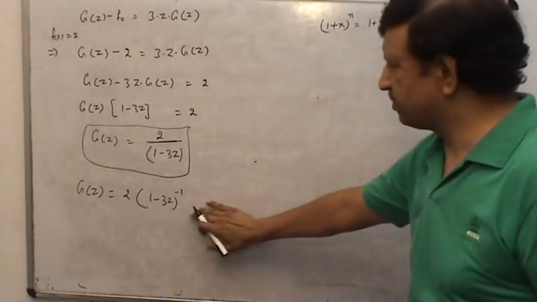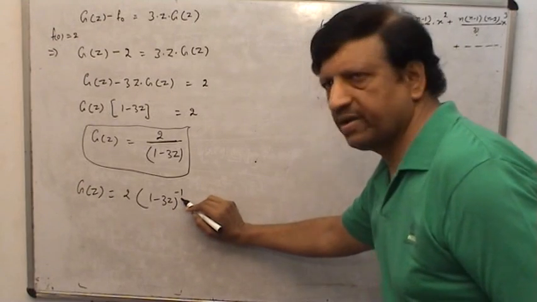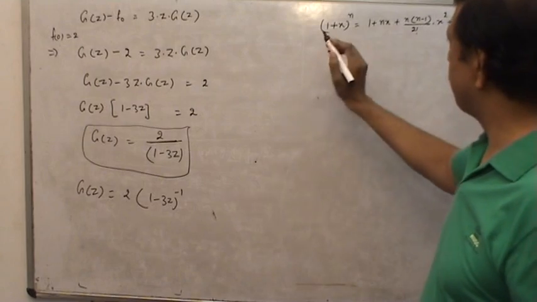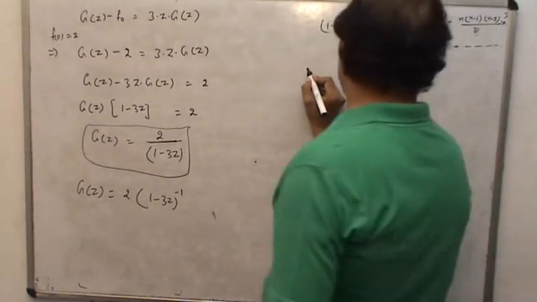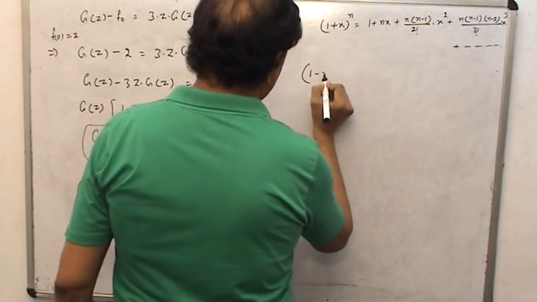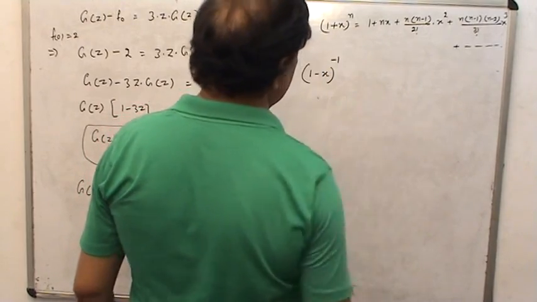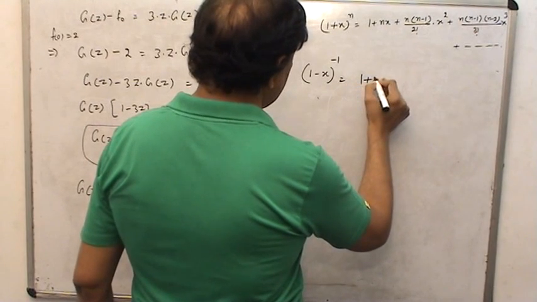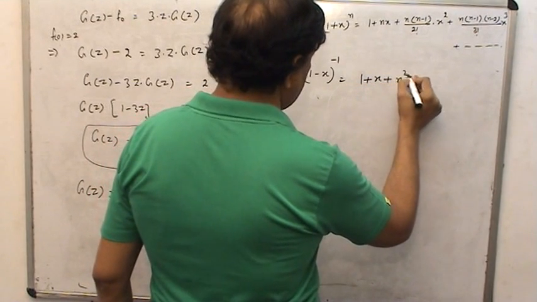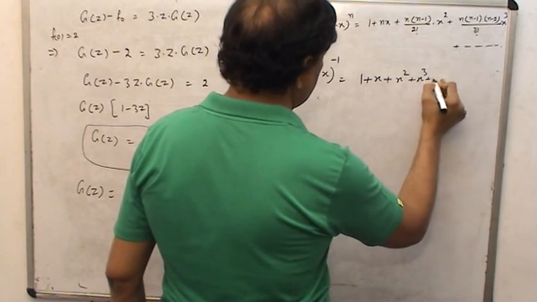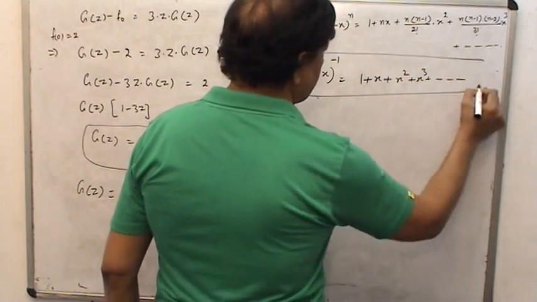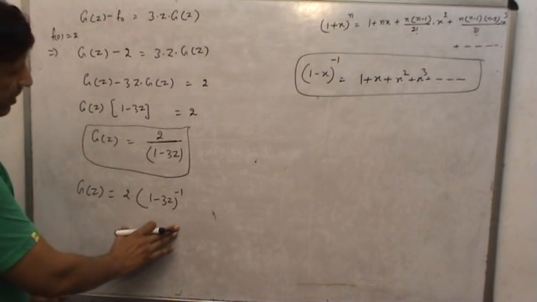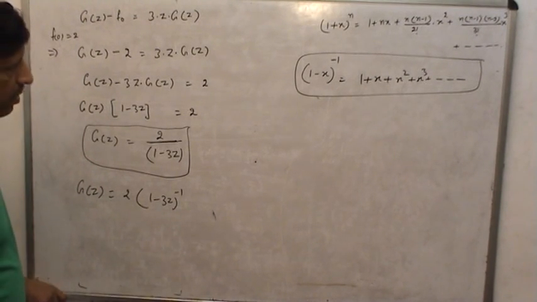What is the difference between both? Here it is minus, and here it is also minus. If we apply it here in this way, (1 minus x) raised to the power minus 1, this theorem will convert into 1 plus x plus x square plus x cube plus so on. We are concerned with this. Let's see here, we can solve it by using the binomial theorem.